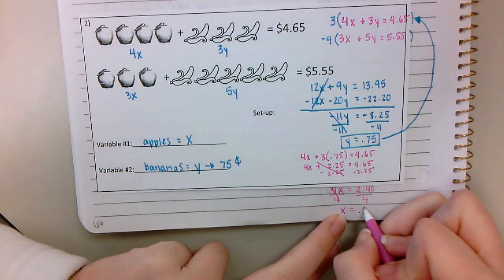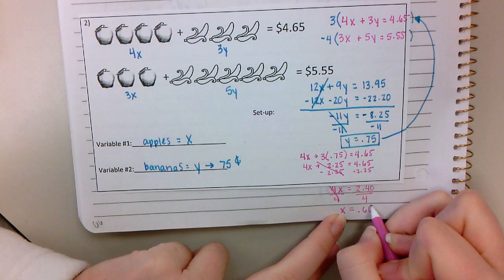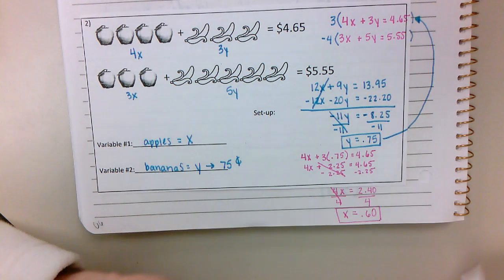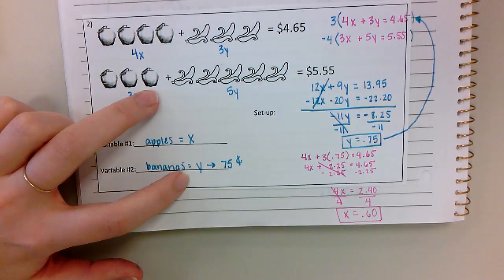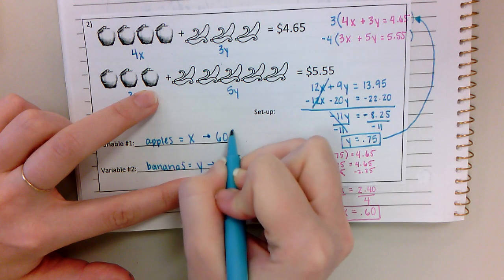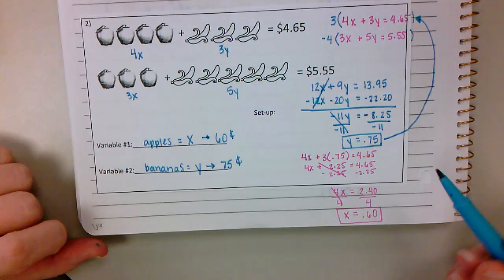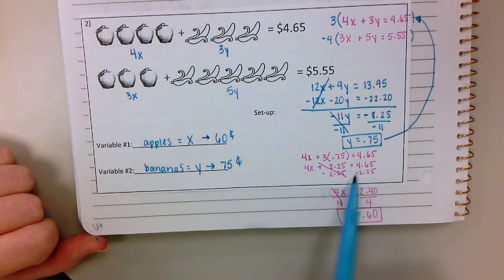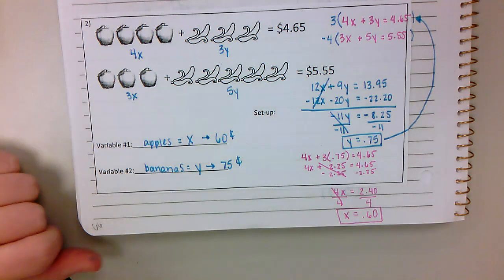And that equals 0.6 is what my phone says. So I'm going to add that 0 since we're talking about money. And that means that my apples are 60 cents. All right, so I took this y value and plugged it back into this original equation, and you can see the work right here for that to solve for the other letter.